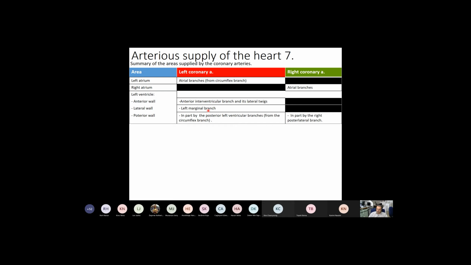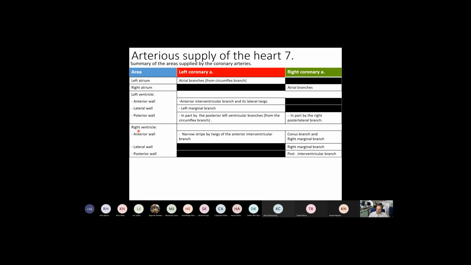The left marginal adds more to the lateral wall, and the posterior surface gets blood from the posterior ventricular branches of the circumflex branch. So this is how the left ventricle is mainly supplied by the left coronary artery. But the right coronary artery, by its posterolateral branch, contributes a bit to the blood supply of the posterior wall as well.